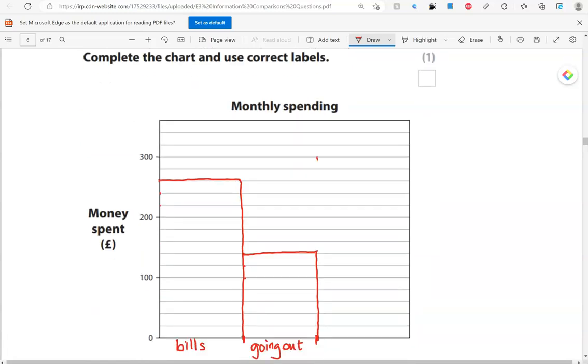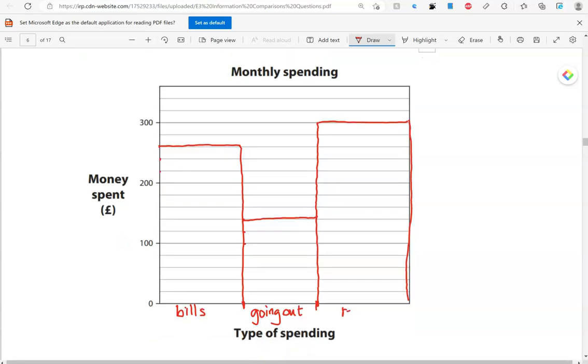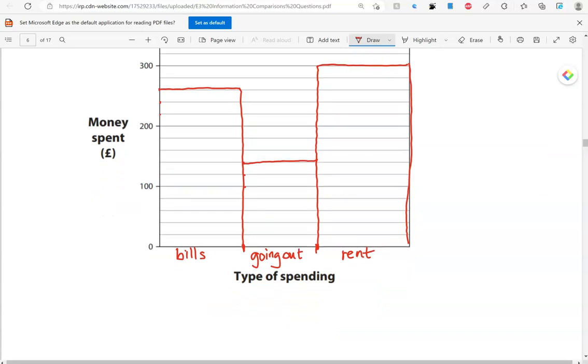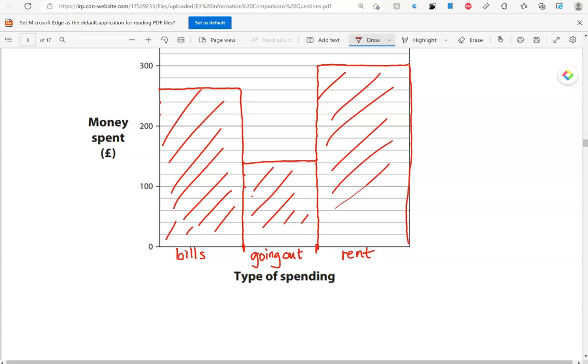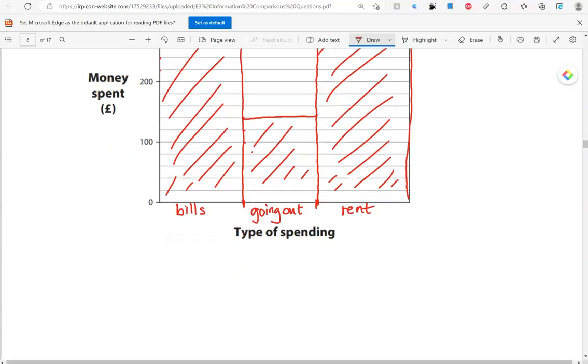So there is 300. If you want, you could colour these in or shape them, give them patterns, whatever you like, or just leave them blank.